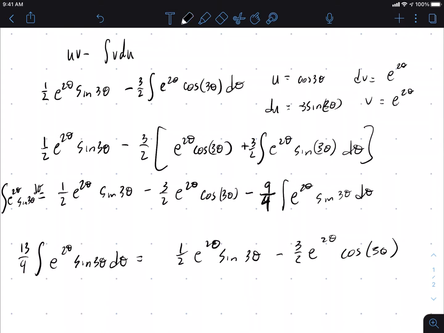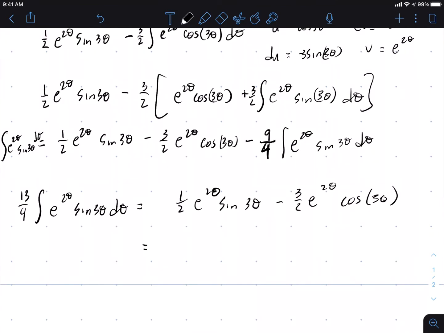Okay, and then I'm going to multiply by the reciprocal. So I'm going to get 1 over 26, if I'm correct. 1 over 26 e to the 2 theta sine 3 theta minus, again multiplying by the reciprocal, 3 over 26 e to the 2 theta cosine 3 theta.